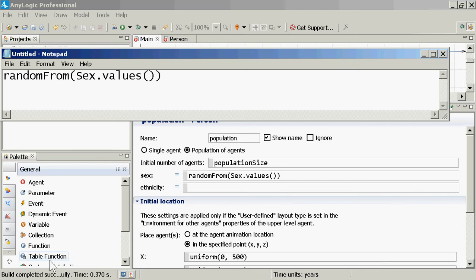Okay, help up in the front. The parameters are capitalized or no? Parameters are not capitalized. They made them lowercase sex, lowercase ethnicity, because they will represent a particular sex, a particular ethnicity that a person will have. Does that make sense?